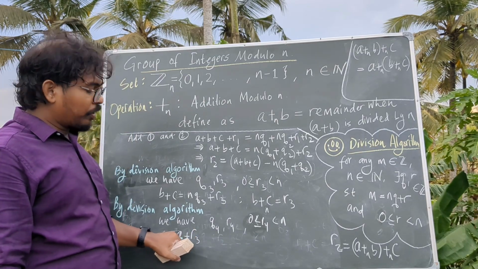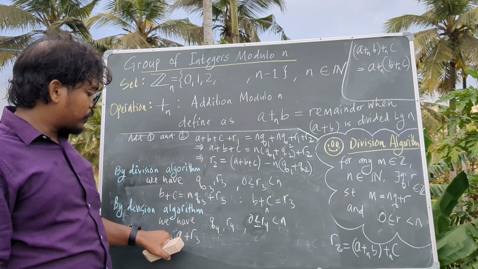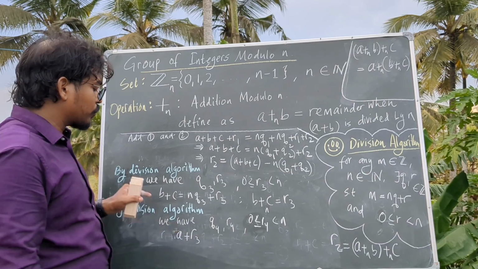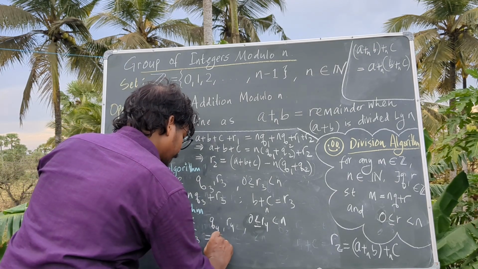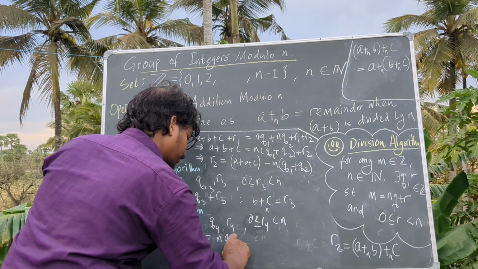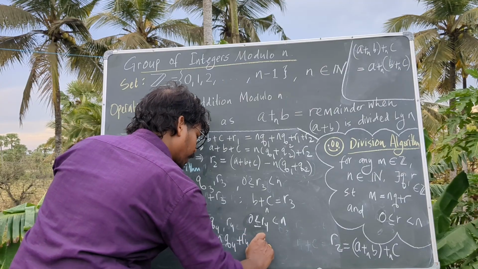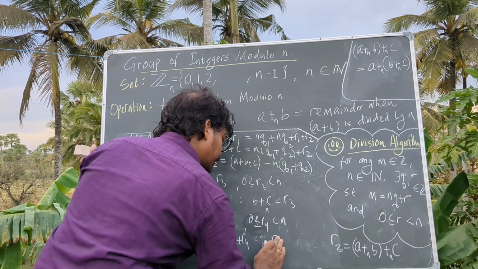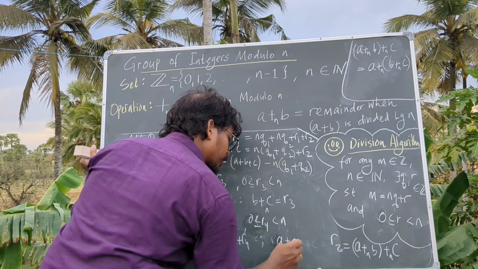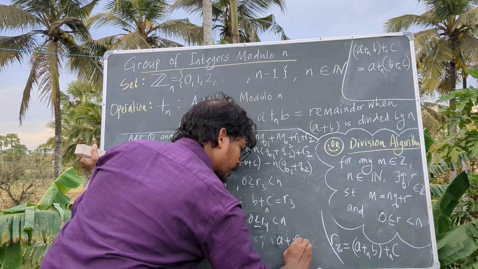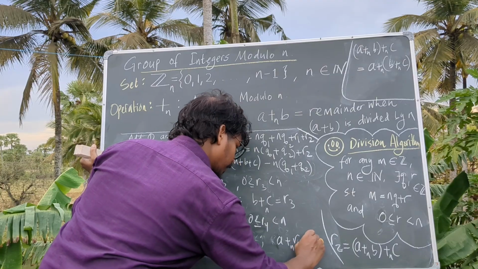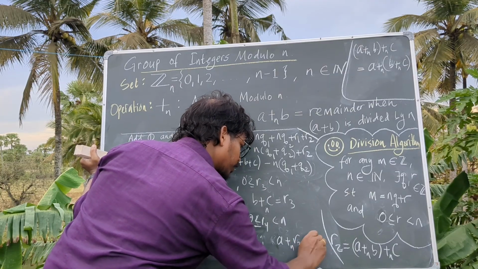A plus R3, A is an integer, R3 is an integer, so A plus R3 is also an integer, and this equals NQ4 plus R4, where A addition modulo n with R3 is R4, because R4 is the remainder here.